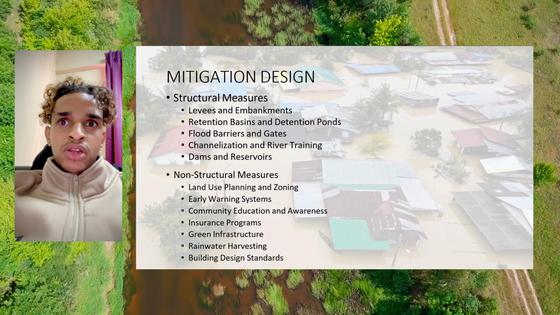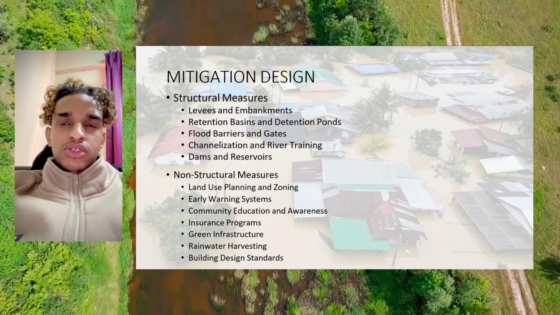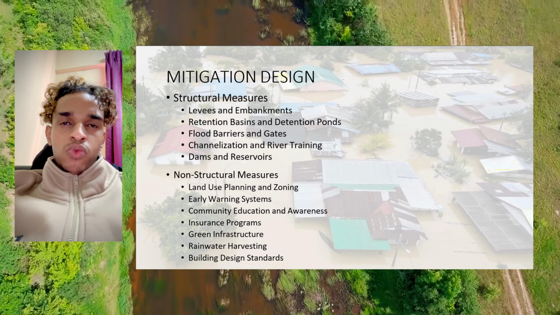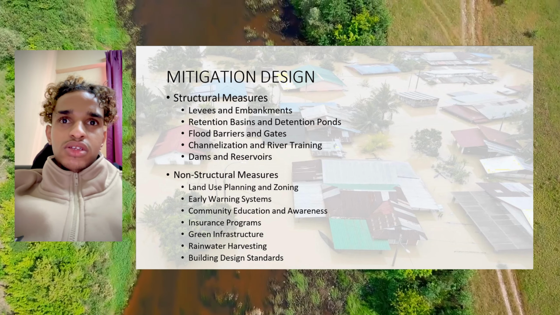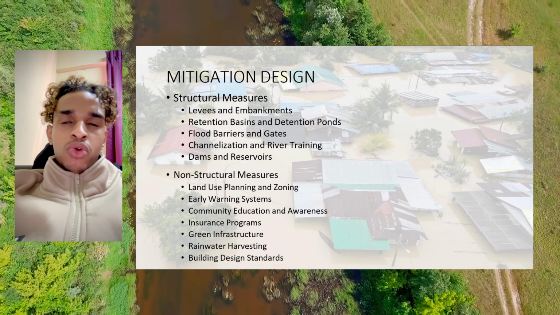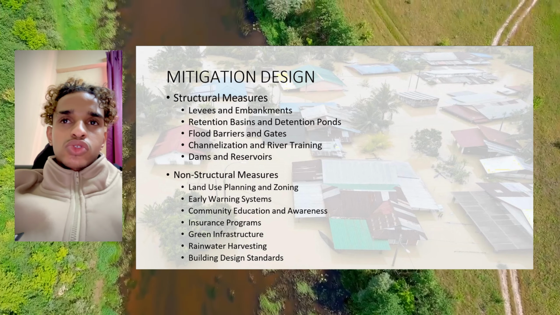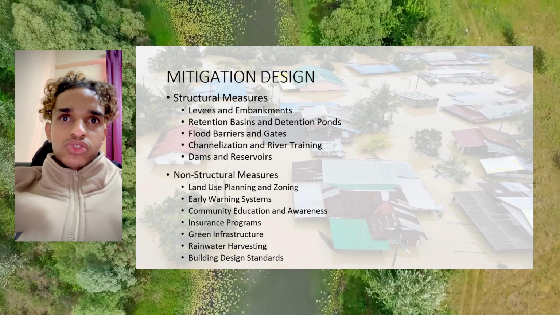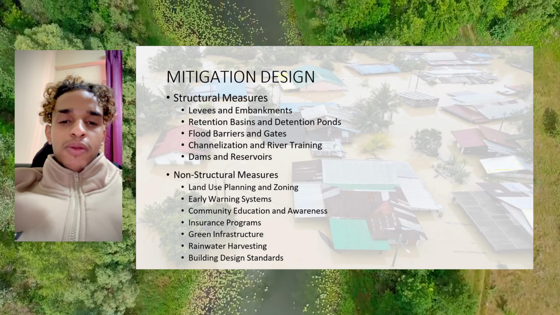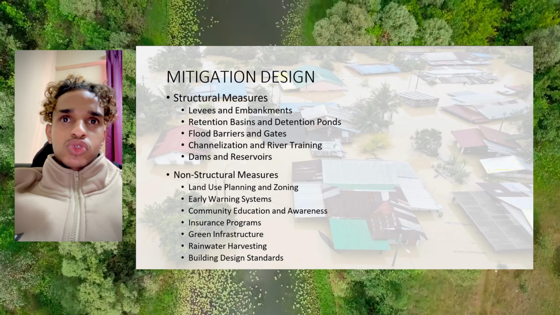Channelization and river training, dams and reservoirs. These help manage water flow and reduce flood risk. Their effectiveness depends on proper design, operation, and maintenance. On the other hand, we have non-structural measures. Number one, land use planning and zoning.